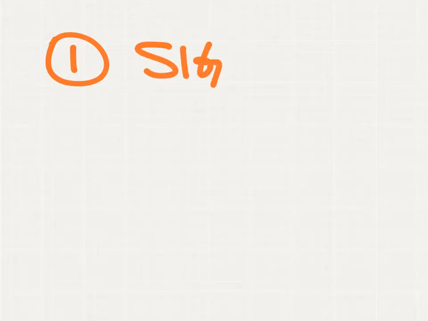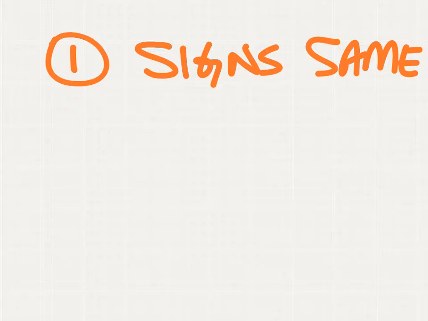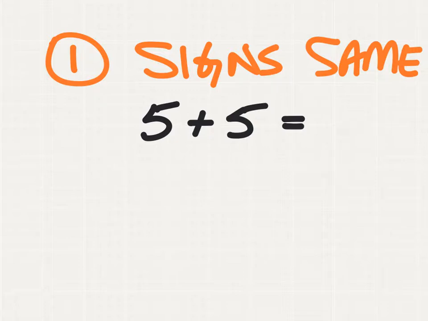So our algorithm or rule says, first, if the signs are the same, if I'm adding integers that have the same sign, then simply combine them and keep the sign you already have. So for example, if I have positive 5 plus positive 5, then I simply combine 5 and 5 makes 10, and it's also positive.